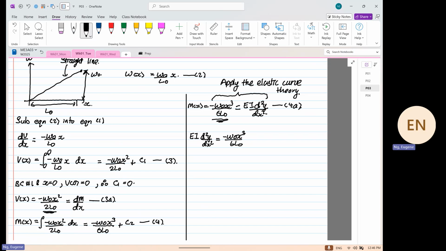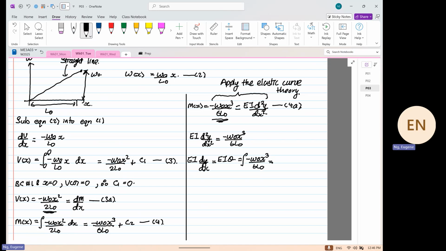Okay. So what we're going to do next is integrate again. So dy by dx is also equal to EI what? Theta. Okay. And theta is a slope. So next, we just need to integrate minus omega naught x cubed over 6L naught.